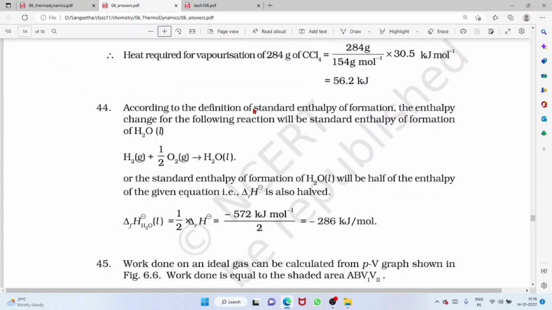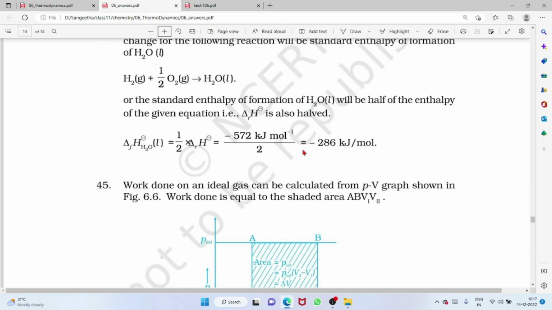According to the definition of standard enthalpy of formation, the enthalpy change for the following reaction will be the standard enthalpy of formation. Here it is 1 mole of water. The standard enthalpy of formation will be half of the enthalpy given, because the given is for 2 moles. So we are dividing by 2.